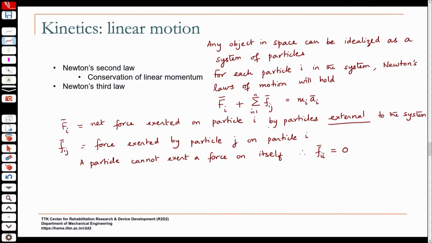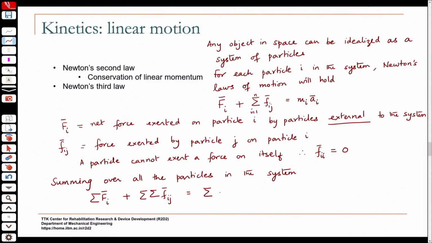Now, if I sum this over all the particles in the system, I get sigma F I plus sigma sigma f I j equals sigma m I a I. Okay, for the system I get this.